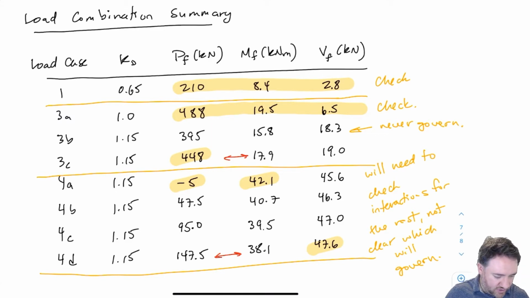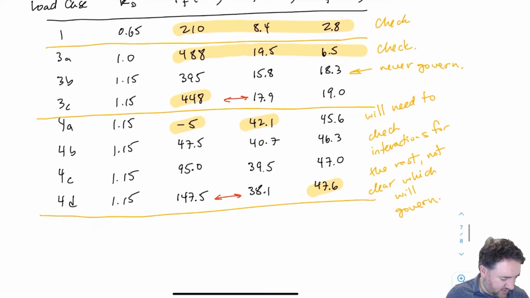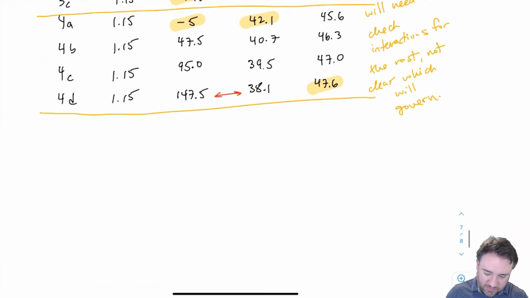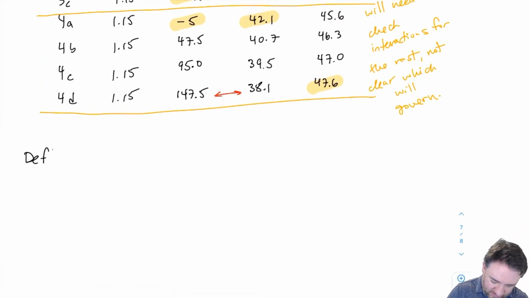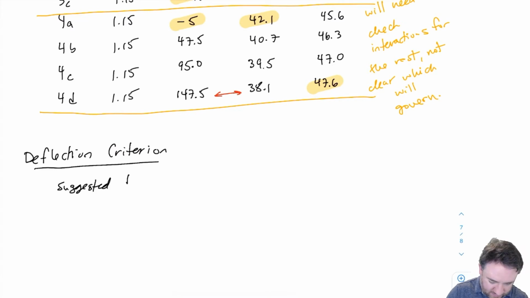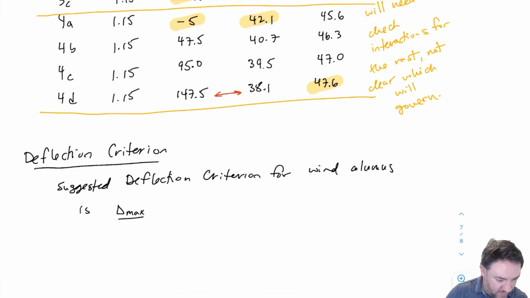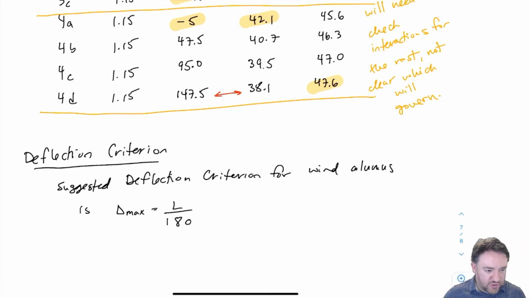We are going to first take a look at what is going to be our minimum EI for deflection. Okay, so there's no explicit deflection criteria for wind columns. We have our beam criteria in the standard in Chapter 5.